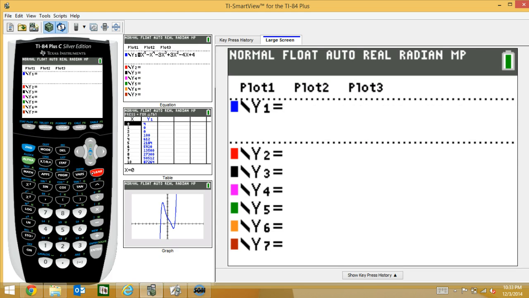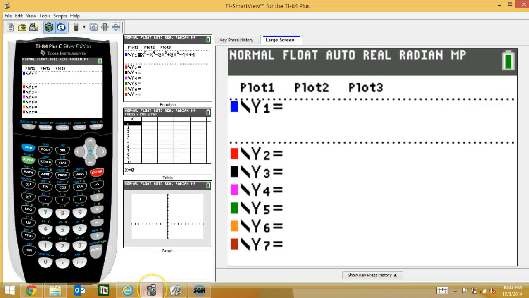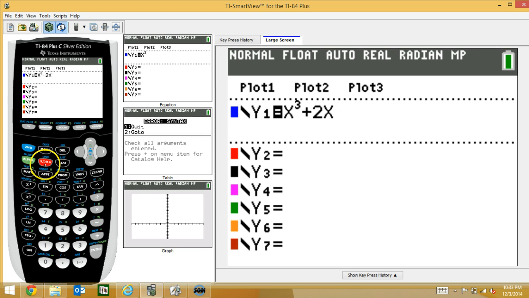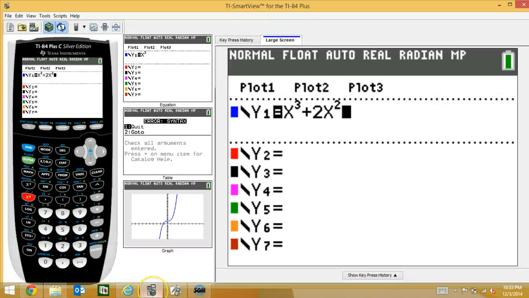So I'm going to x that out. And so going back, x cubed plus 2x squared, and just to go back to confirm, minus 13x plus 10.